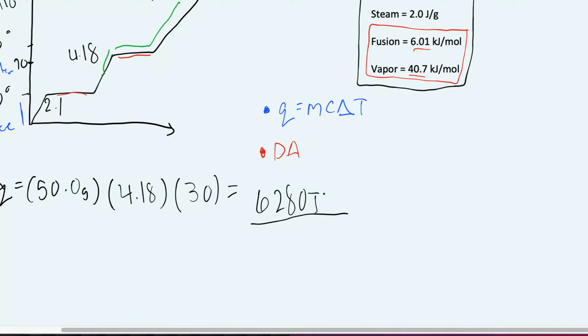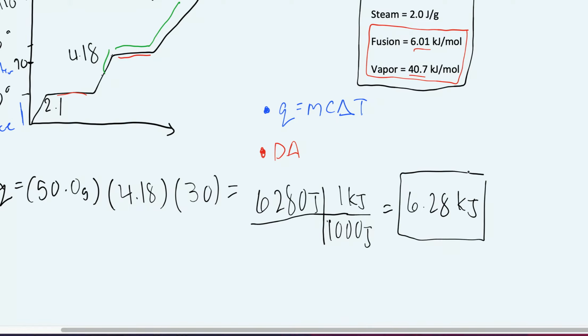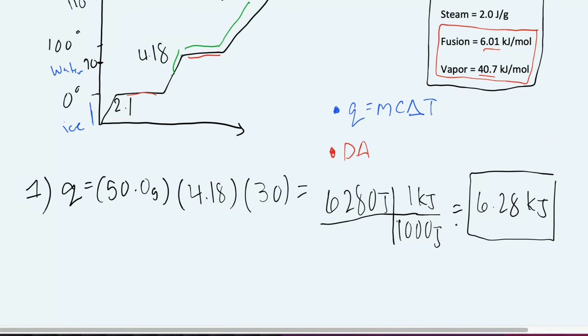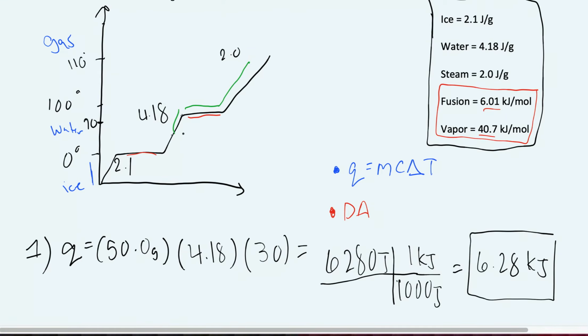And a next step, if it's required, you will convert it to kilojoules. 1,000 joules is equal to 1 kilojoule, and you will get 6.28 kilojoules. What we did right there was our first step, this green path, that was number 1. And now we have to do this path.